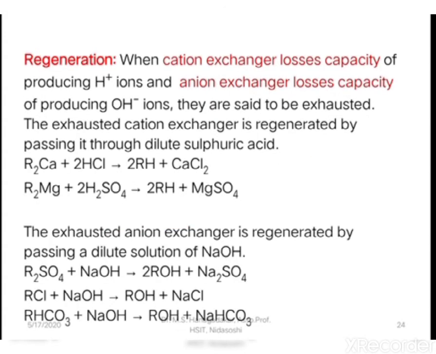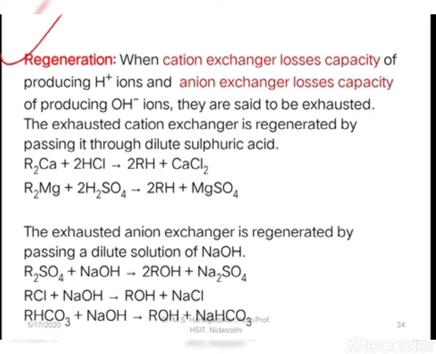Now when the process of softening of hard water is continued, the resins get exhausted. Once the resins get exhausted, chemical cleaning or activation of the exhausted resins is required. So how do we activate the exhausted resins?